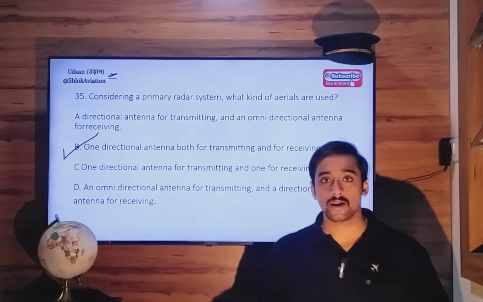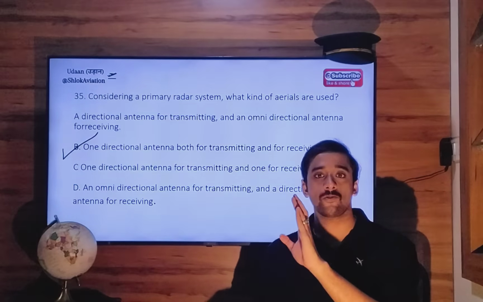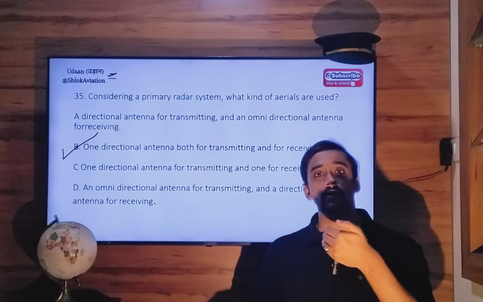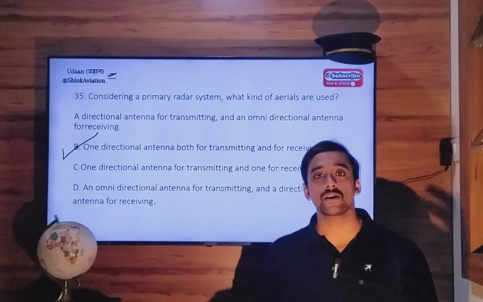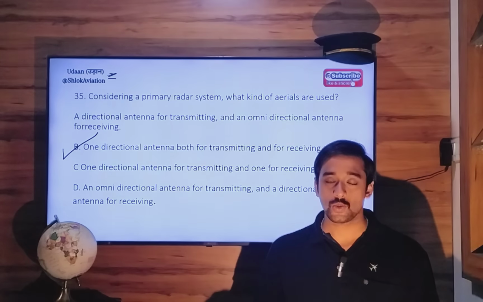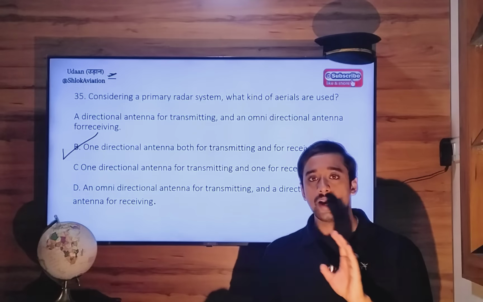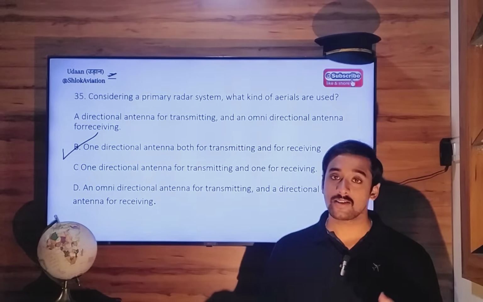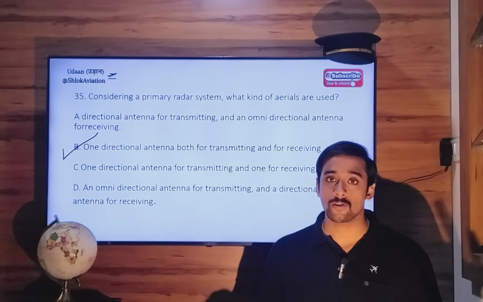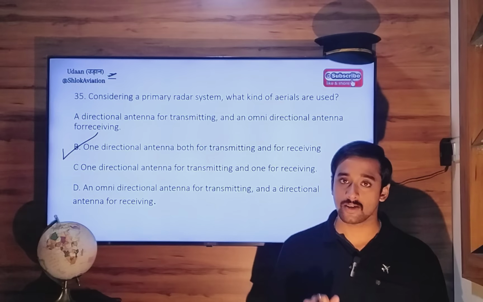Since primary radar operates on one specific frequency, it will transmit a radio wave on one frequency, it will receive the reflection of that wave from the target at same frequency. That's why it is going to only use one particular aerial both for transmission and reception. That saves costs also, cost and weight of equipment. So one directional antenna for transmitting and receiving.